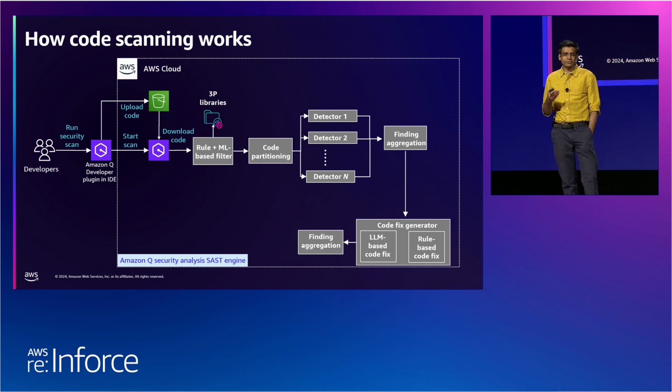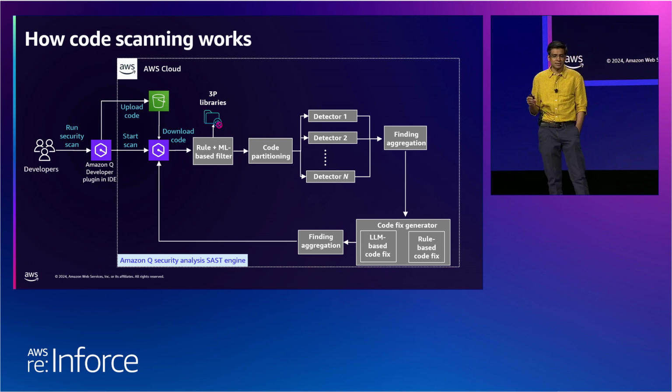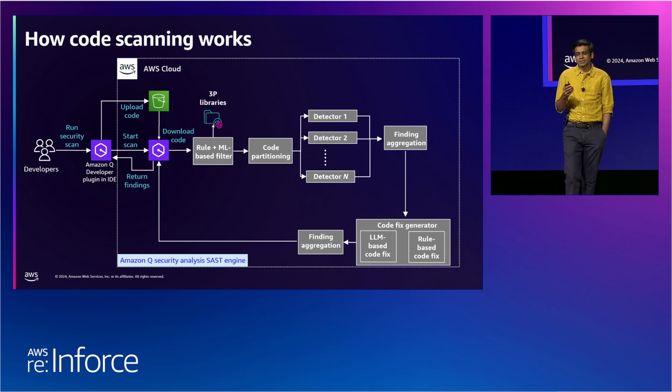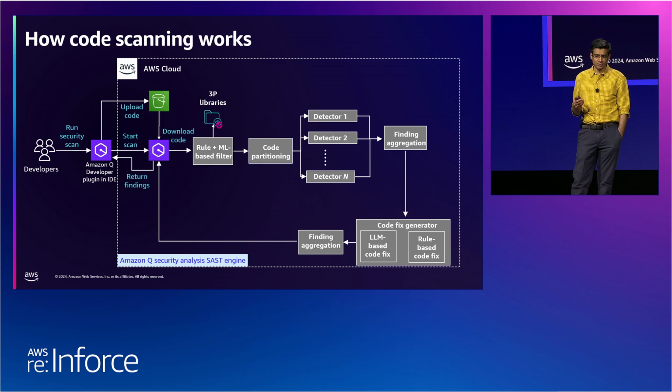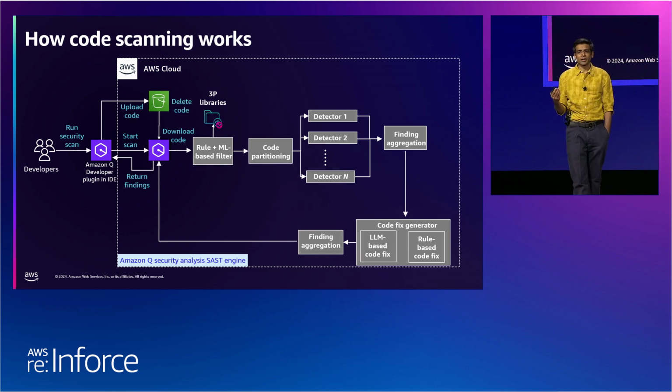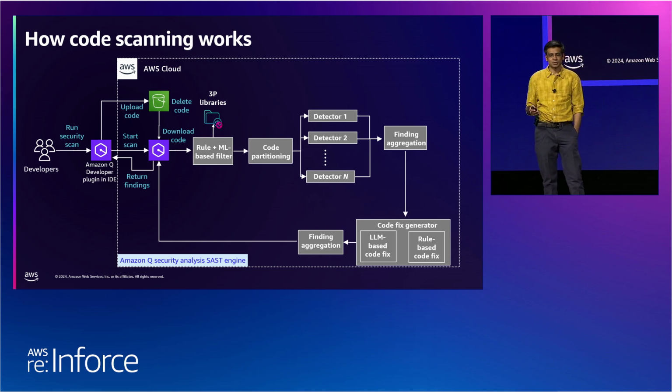Both the findings and the fixes are aggregated and sent back to the backend engine. The backend engine surfaces these generations, both the findings as well as the fixes, to the user through the plugin. And finally, the code artifacts that were uploaded in the S3 bucket are deleted.